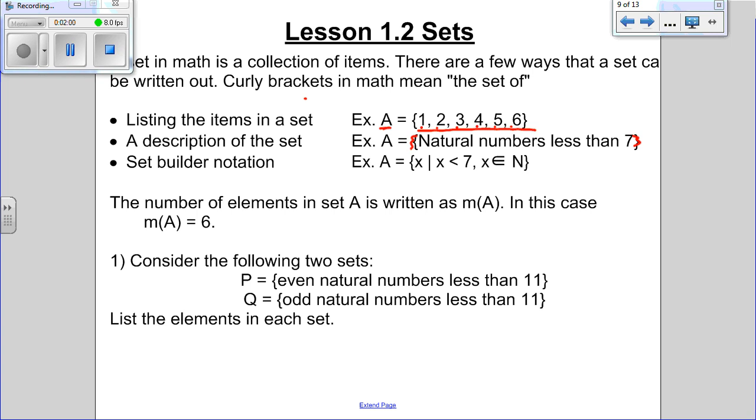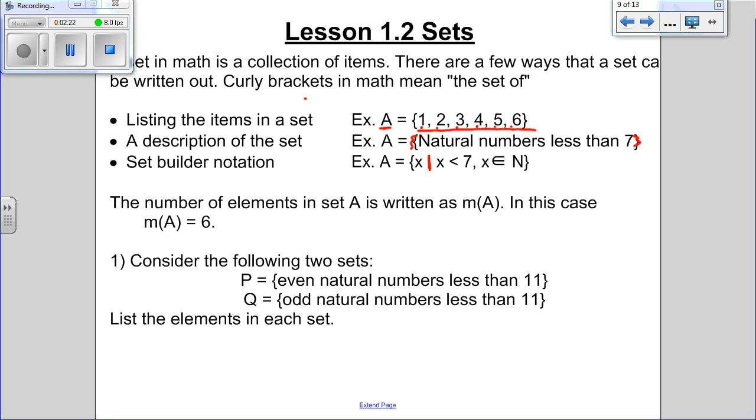The third way to do a set is using set builder notation. You guys used to see this when you did domain and range questions. That's where you usually see set builder notation. But it's still the same idea, it's just listing the things that are within the set. This little bar means such that. Okay?